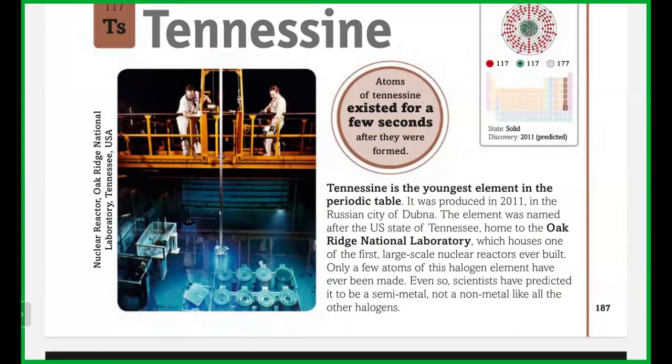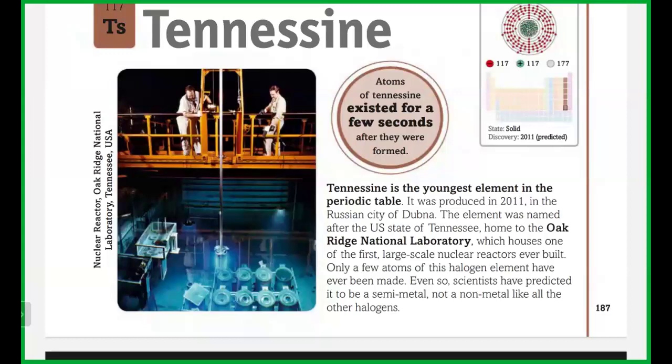Anyway, tennessine is the youngest element in the periodic table. It was produced in 2011 in the Russian city of Dubna. The element was named after the US state of Tennessee, home to the Oak Ridge National Laboratory, which housed one of the first large-scale nuclear reactors ever built.